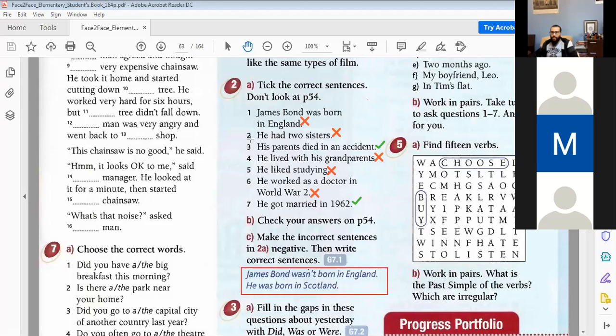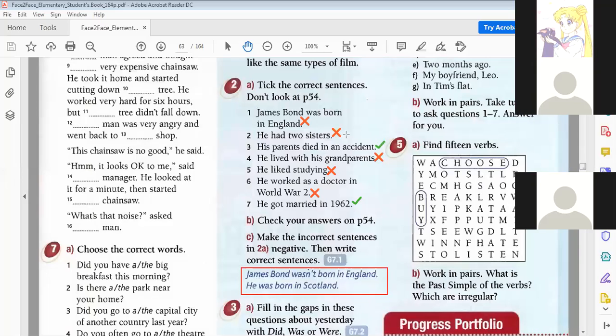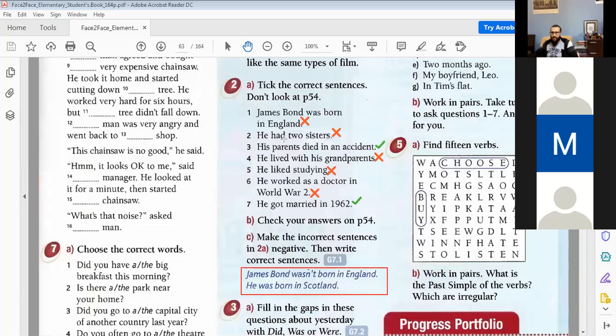Okay, Manal, what about number 2? How can we correct this? What's the negative and what's the correction? Okay. He hadn't 2 sisters. But how do we make negatives with past simple, Manal? For example, if I say I went to school, how would the negative be?